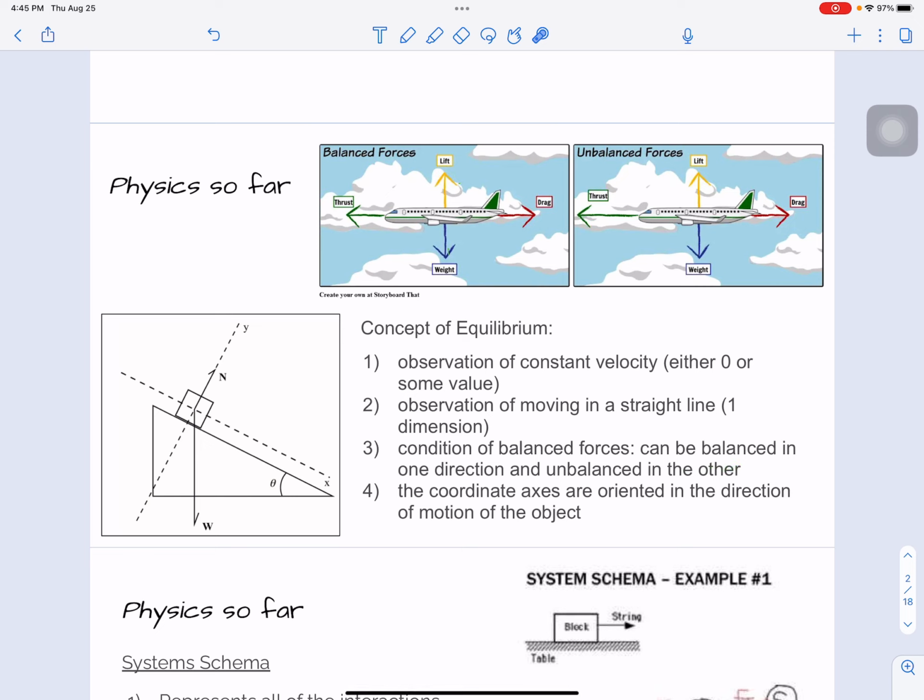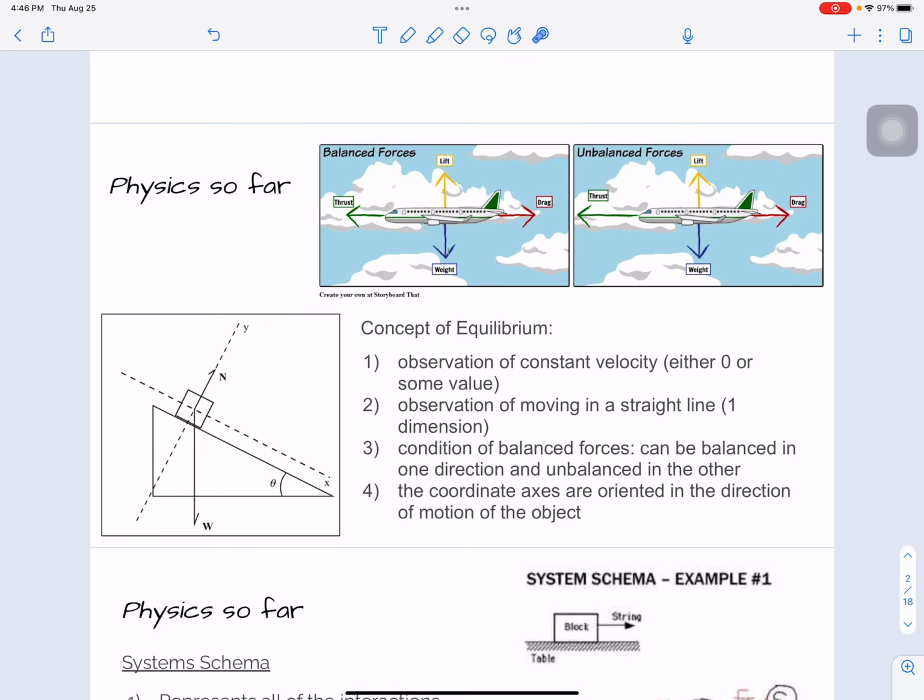So we have this diagram of a plane up here where I look at the vertical directions, the lift and the weight, the same arrow. The lift is making the plane move up, the weight is pulling the plane down. Because these are balanced, it's not moving in the vertical direction, either up or down. It's just flying horizontal or level.